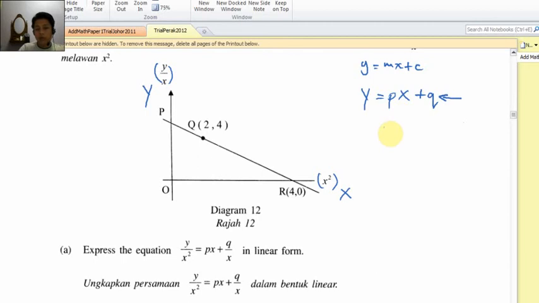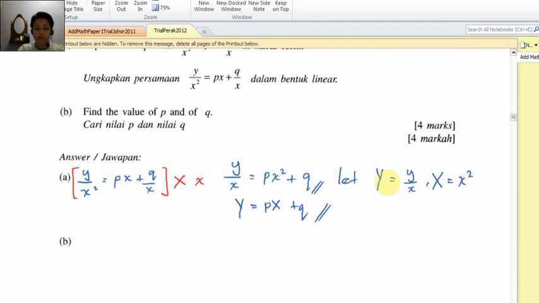And it passes through (2, 4) and (4, 0). So p is equal to the gradient, and let me put the equation for the gradient at the side here: y2 minus y1 over x2 minus x1.